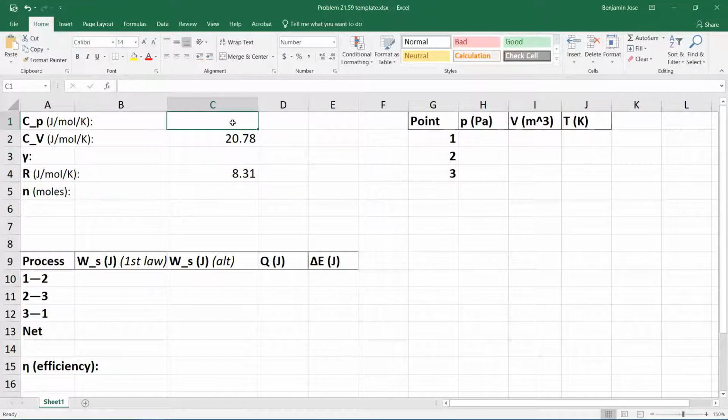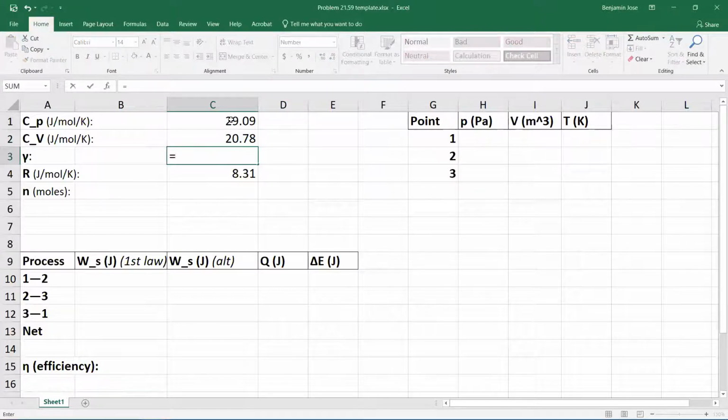And we know that Cp is Cv plus R. So instead of doing the 7 halves, I could just say this equals Cv plus R. That works. And then gamma is the ratio of the two. So this would be Cp compared to Cv, and Cv is in cell C2. There's the 1.4 that we expect.